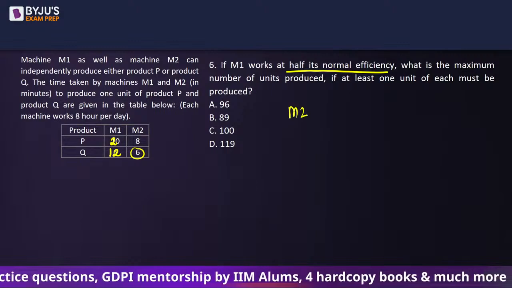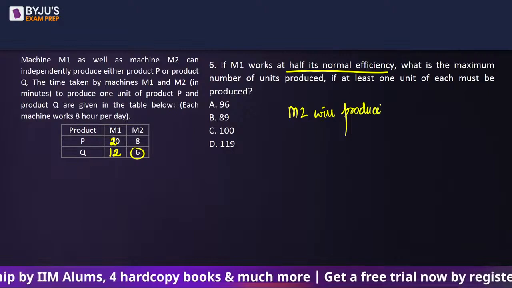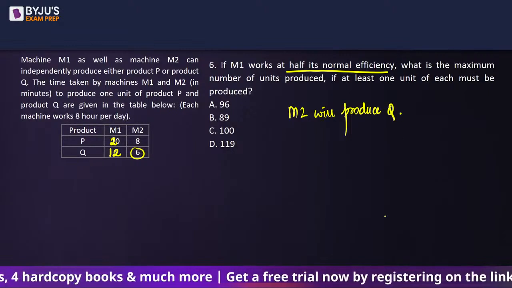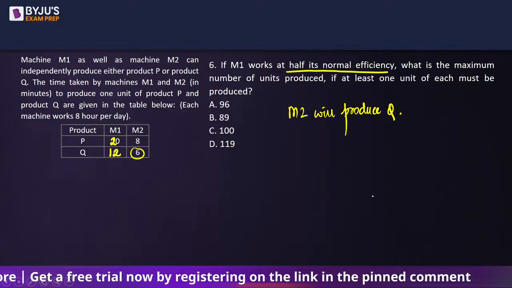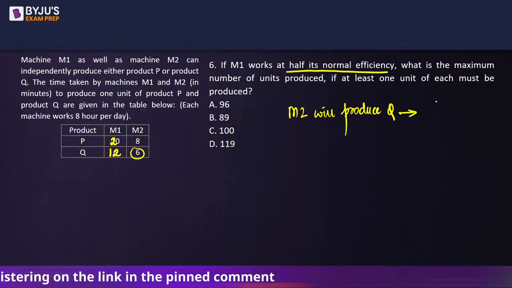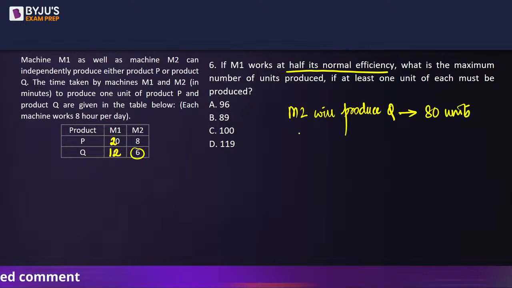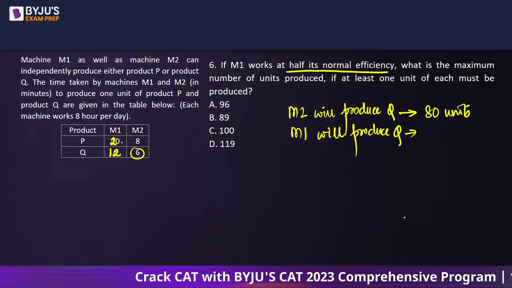So M2 को तो हम सबसे ज्यादा प्रोड्यूस होगा ये, because it takes only 6 minutes. So what I will do is I will be like M2 will produce Q, right? Okay. So पूरे दिन भर M2 Q ही प्रोड्यूस करेगा. If M2 produces Q in the entire day, so we have already seen that it will produce 80 units alone. Now let's look at M1. जब M2 was producing Q entire day, so M1 should produce between P and Q entire day.